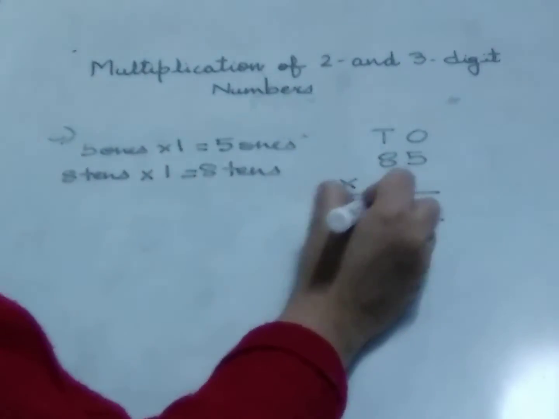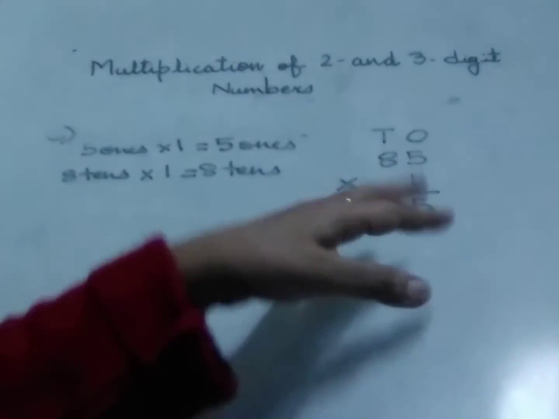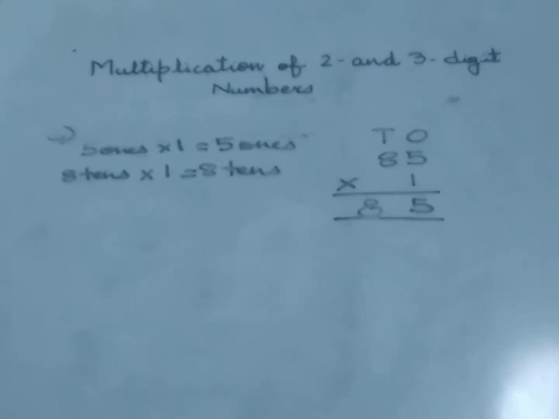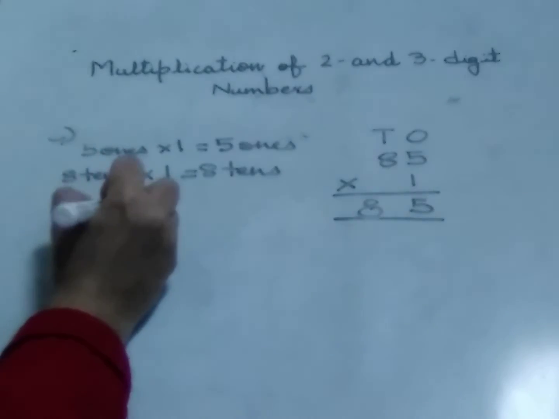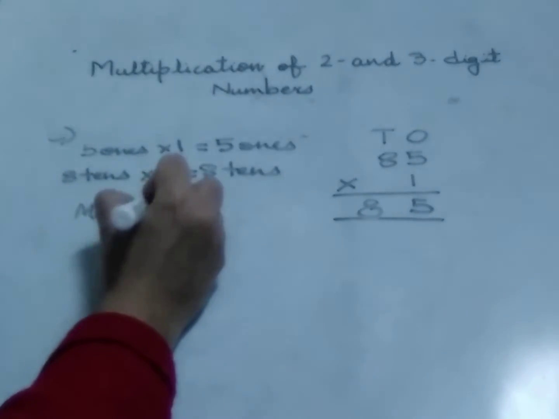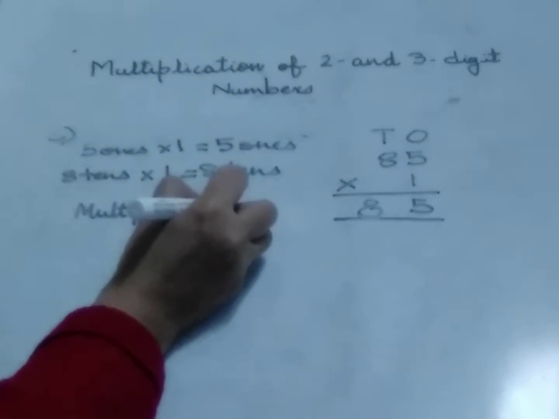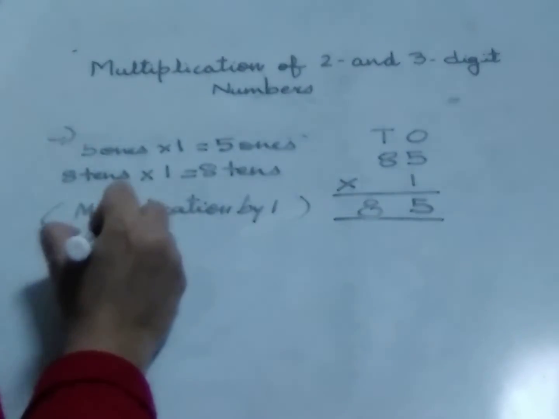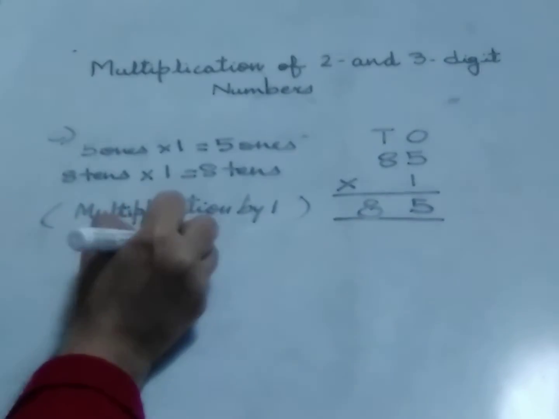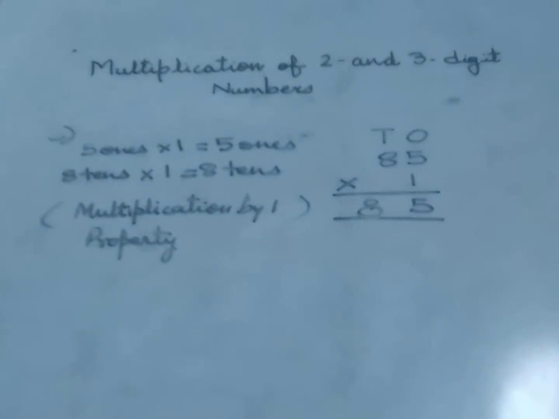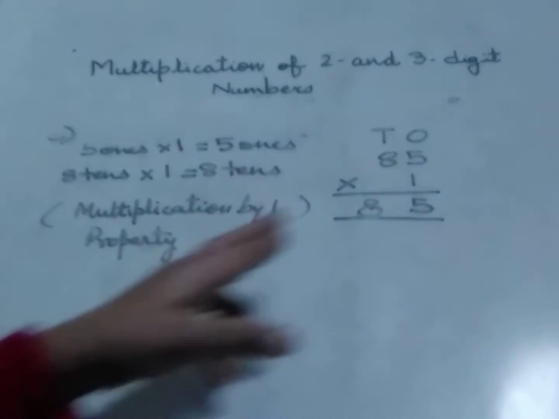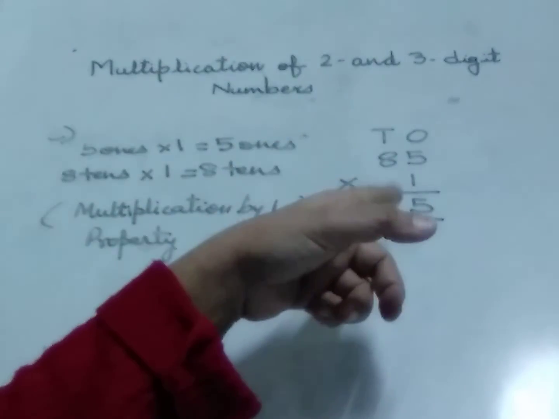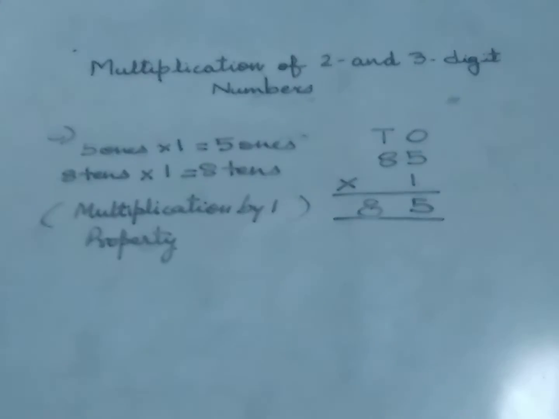Write this 8 in the tens place. So 85 multiplied by 1 gives us 85. Or you can also say that this is the multiplication by 1 property. What does it say? It says that when any number is multiplied by 1, the answer is the number itself.